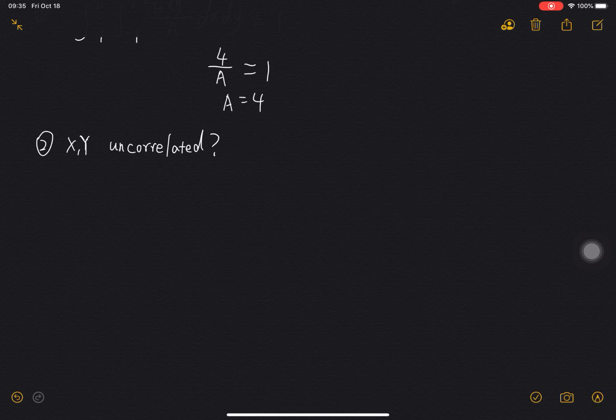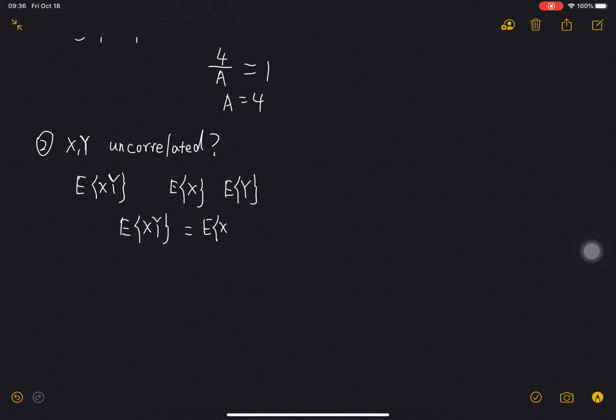Okay, so if we want to know if these two random variables are correlated or not, we have to find the expectation of x times y, the expectation of x, and the expectation of y. If the expectation of x times y equals the expectation of x times the expectation of y, then we know that they are uncorrelated.